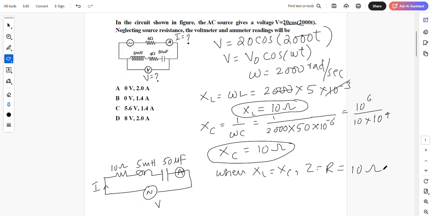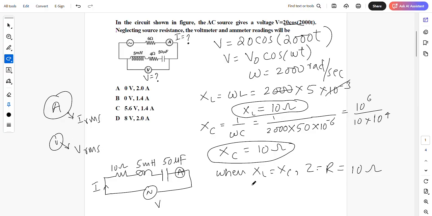Now how to calculate the value of the current? We know that the ammeter measures current in RMS value, and the voltmeter measures voltage in RMS value.